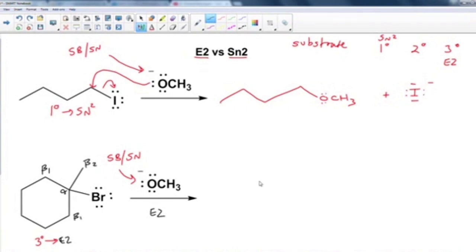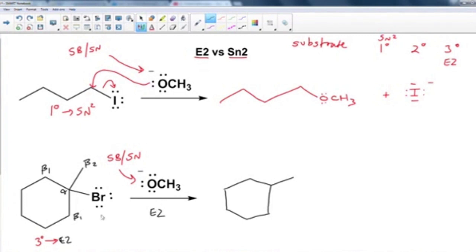These two beta 1 carbons are exactly the same, and this is beta 2. So we know we're going to see an elimination, and we're going to draw the six-membered ring. We know there's going to be a carbon here where the bromine is going to have left. So the question becomes, in the elimination, do we lose a hydrogen from beta 1 or beta 2?